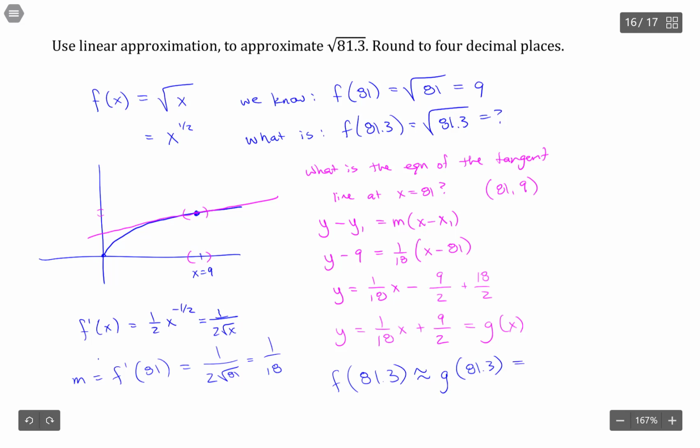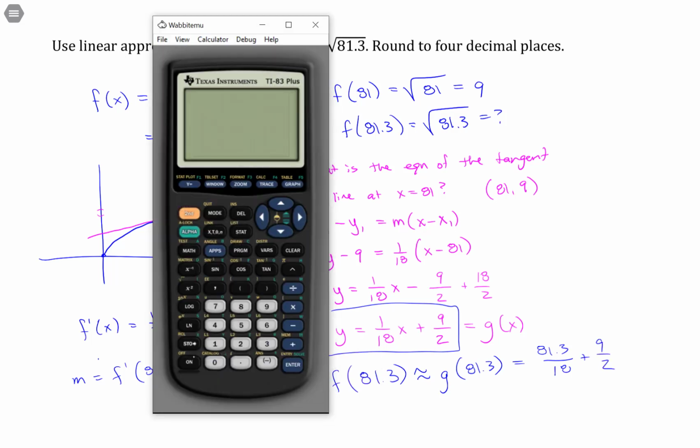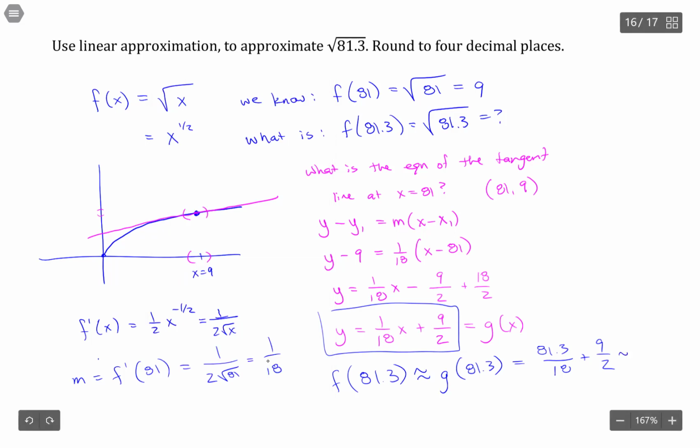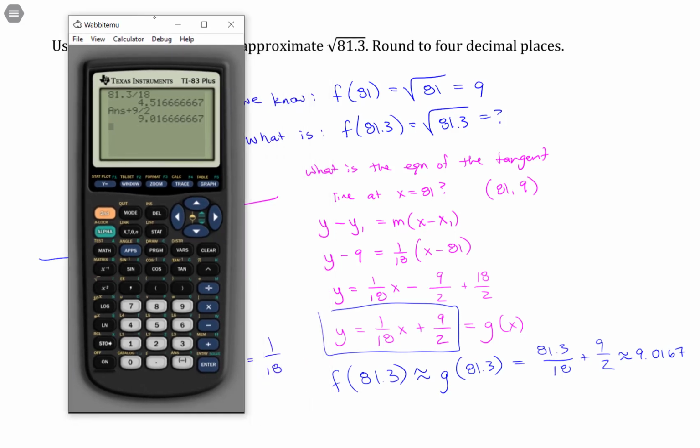Now the thing about g of 81.3 is this is a linear function, and a linear function is pretty easy to plug into. So we would do 81.3 divided by 18 plus 9/2, and I'll just approximate that. So 81.3 divided by 18 plus 9/2 is 9.0167. And that should be our approximation to the value of the square root of 81.3.